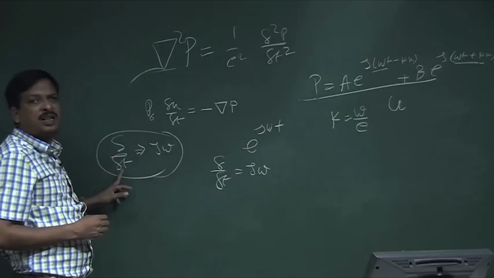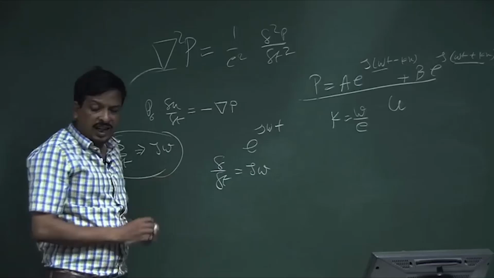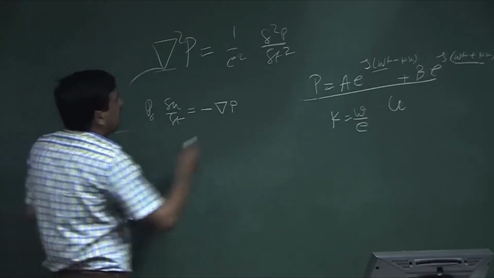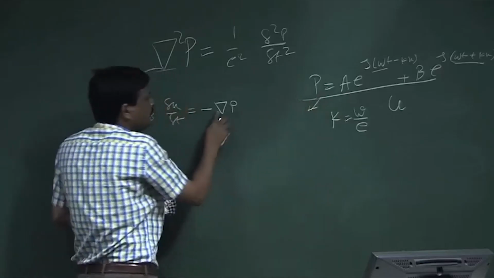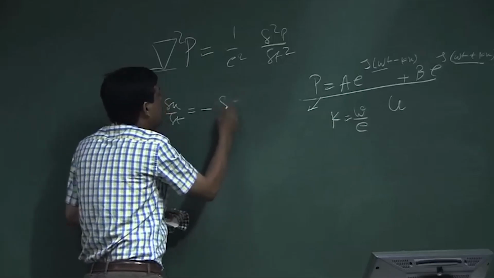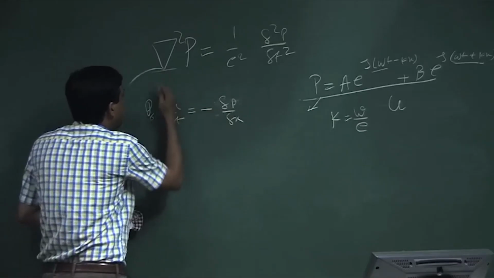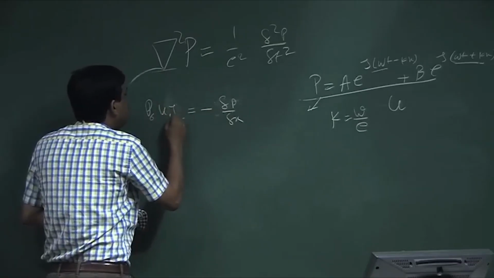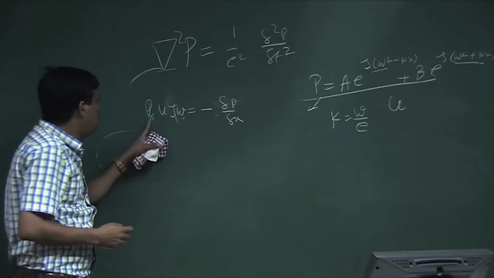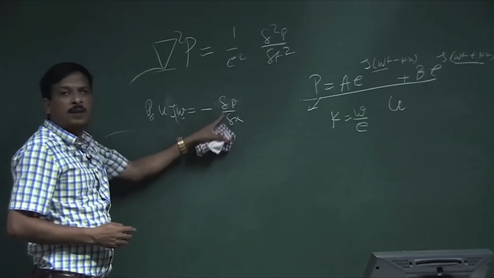So differentiation means multiplying by j omega. Since I have only the x direction, divergence of p is dp by dx, and it is u into j omega. So rho 0 u j omega is equal to minus dp by dx.